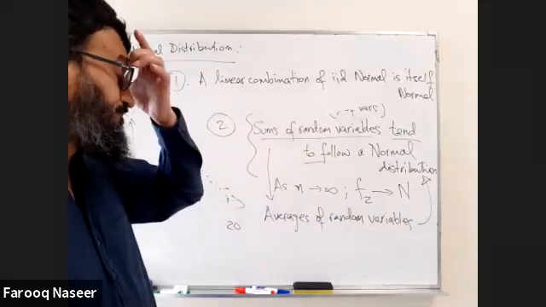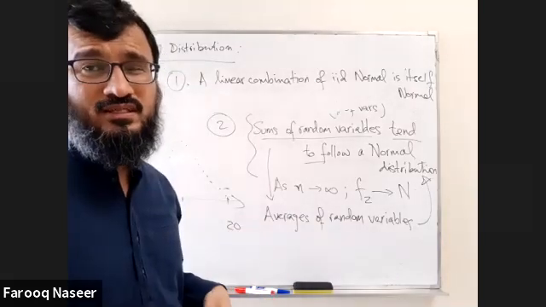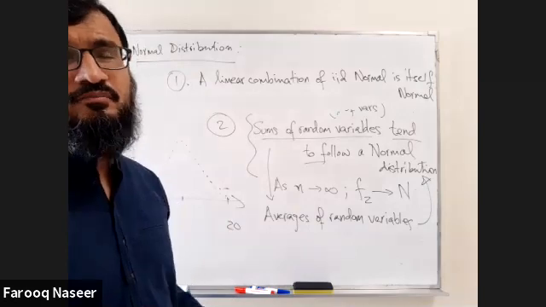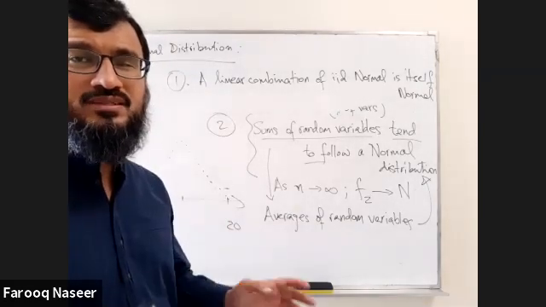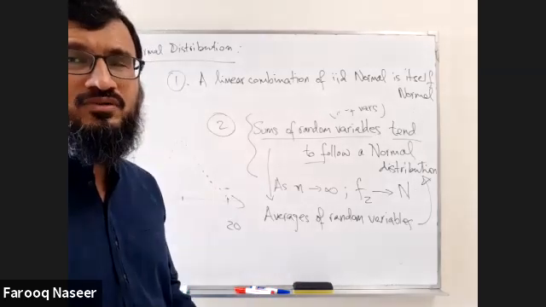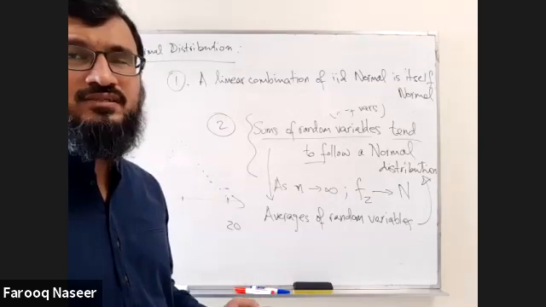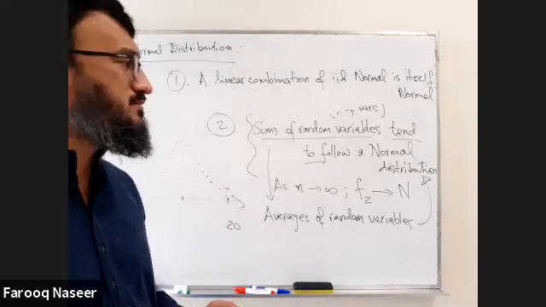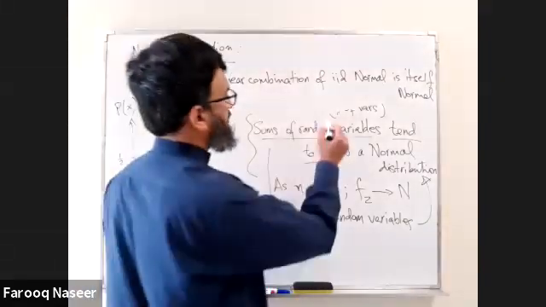So not only do we see normally distributed random variables out in the nature, but even random variables which are not normal themselves, when we add them together or when we average them, that sum or that average starts to look like a normal density, normal distribution. So that is the central limit theorem.